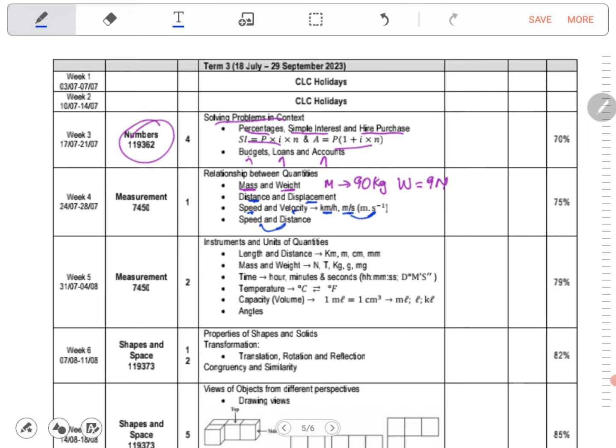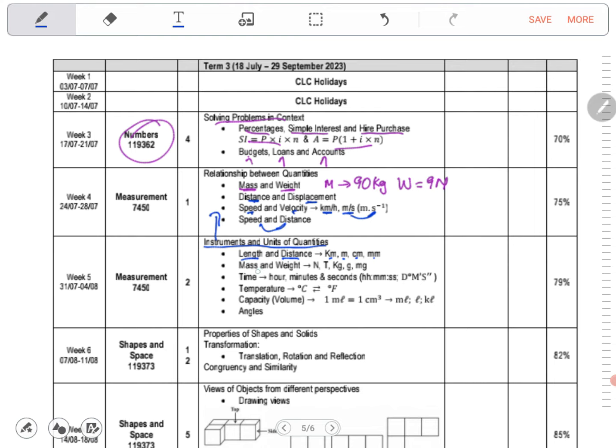Then we have to look into the instruments and units that are used in dealing with the quantities that we're talking about. For instance, we can look into length and distance, and the units would be kilometers, meters, centimeters, and millimeters.